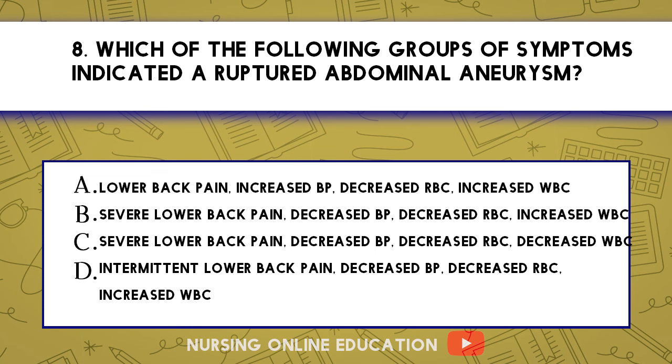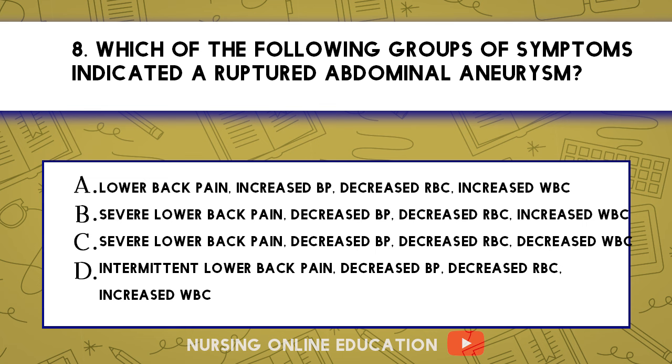8. Which of the following groups of symptoms indicated a ruptured abdominal aneurysm? A. Lower back pain, increased BP, decreased RBC, increased WBC. B. Severe lower back pain, decreased BP, decreased RBC, increased WBC. C. Severe lower back pain, decreased BP, decreased RBC, decreased WBC.